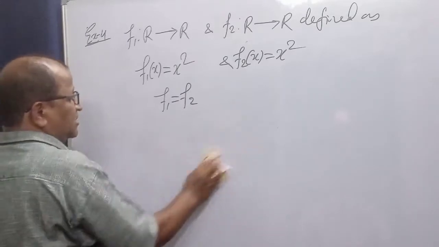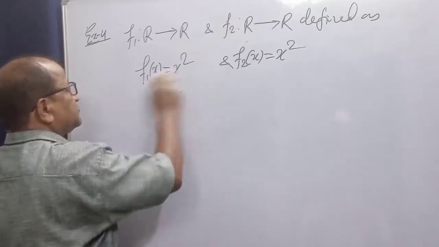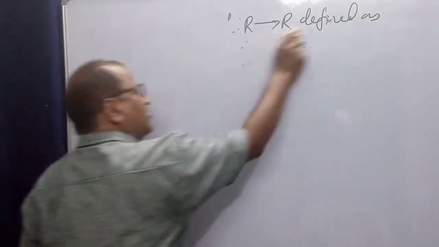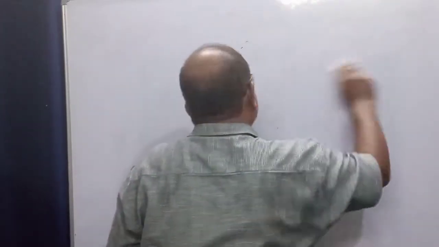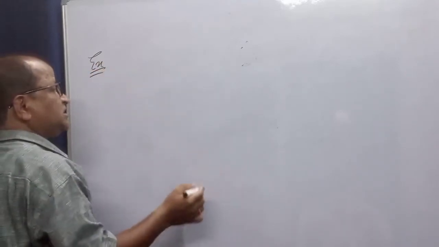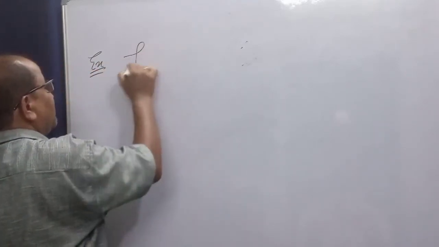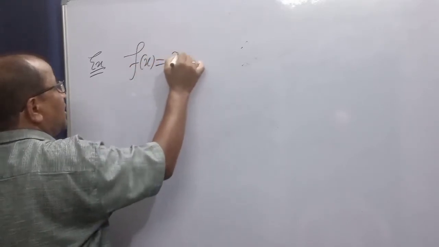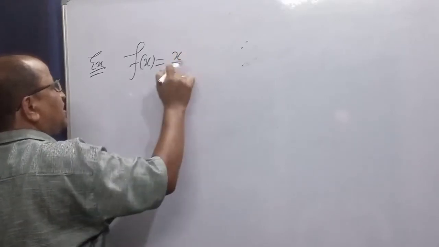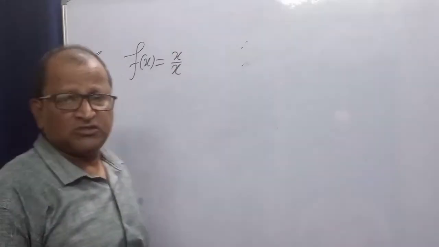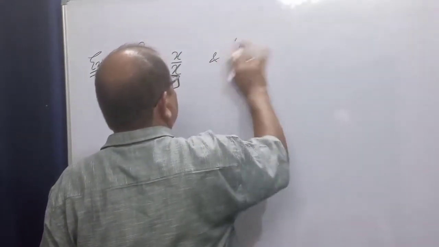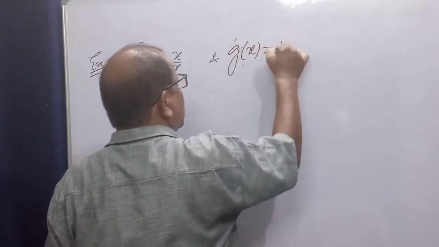And let us take another example. Suppose in case of real functions, let us take a simple function. f(x) is equal to x by x and g(x) is equal to 1.